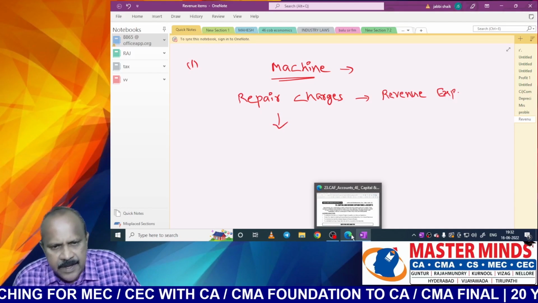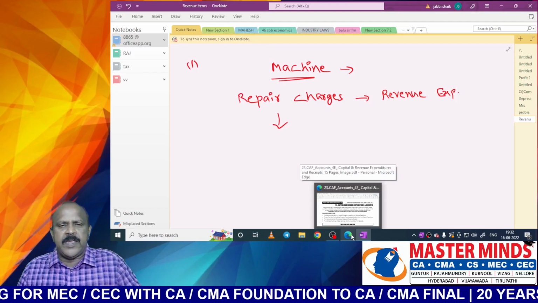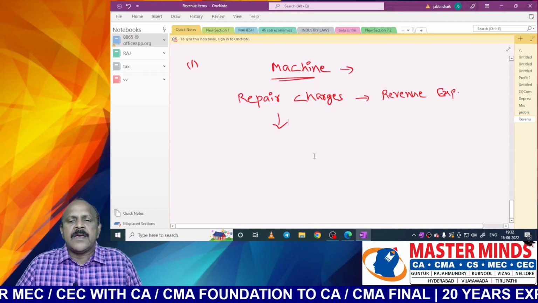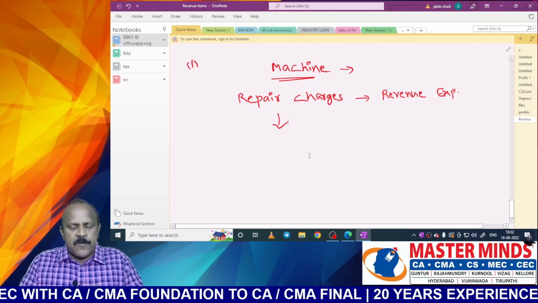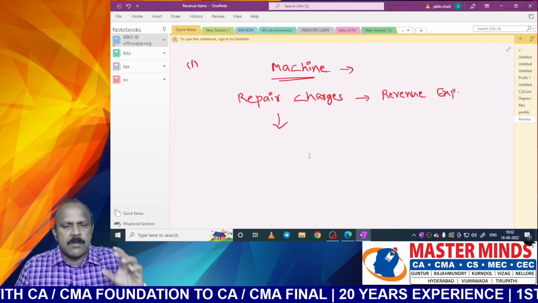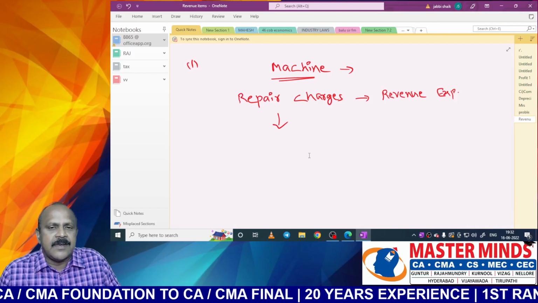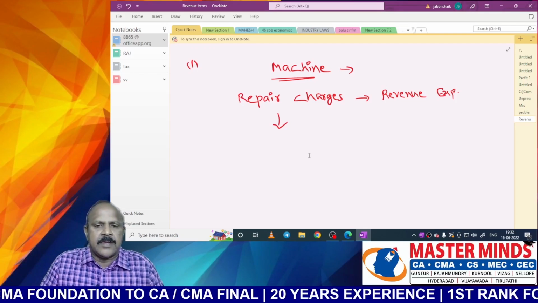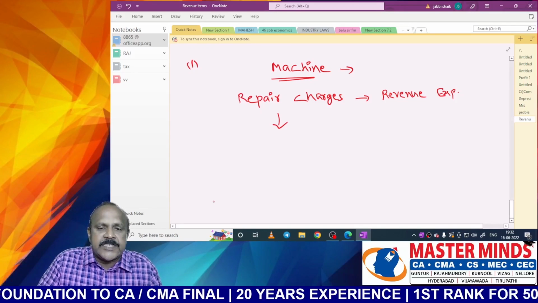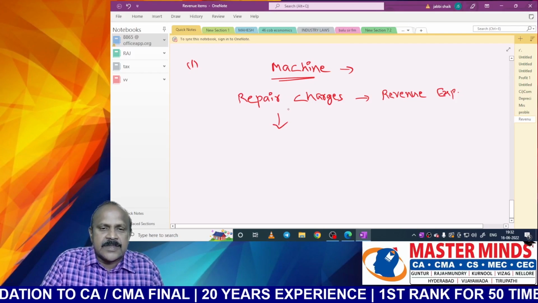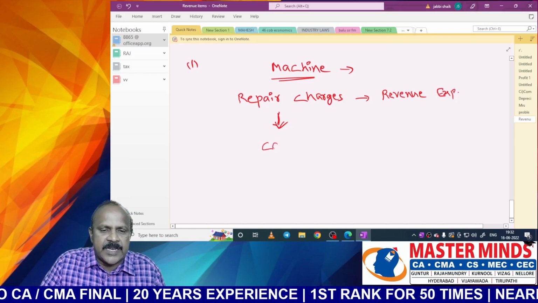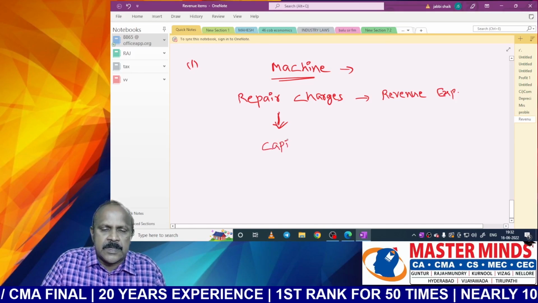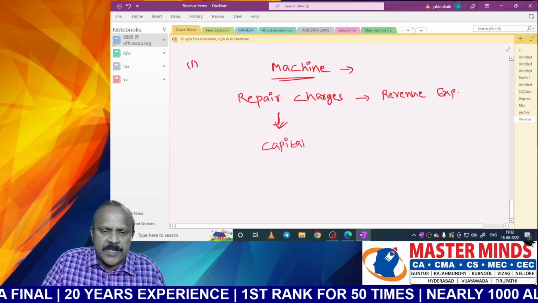But when it is said that repair charges are paid to improve the efficiency of the machine, then such repair charges are classified as capital expenditure.